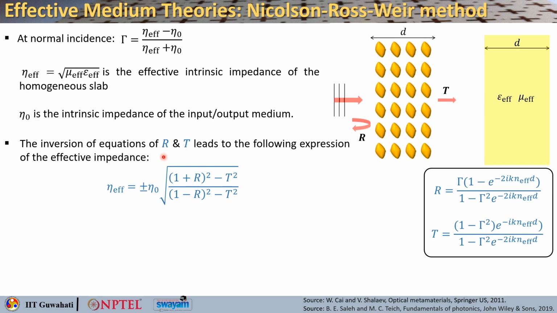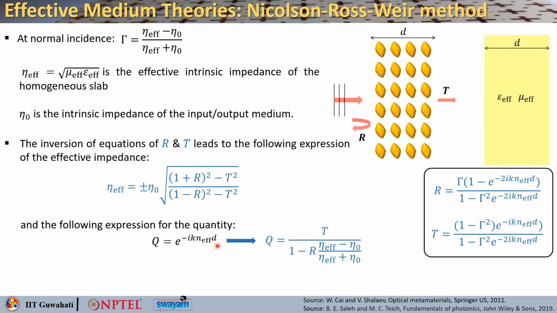Now, the inversion of the equations of R and T will lead to this, that you can now calculate eta effective from eta naught, and when you have the values of R and T given, you can find out what is your effective intrinsic impedance of this homogeneous slab. And once you know this, you can calculate the expression for this quantity q, that will be given as e to the power minus i k n effective into d.